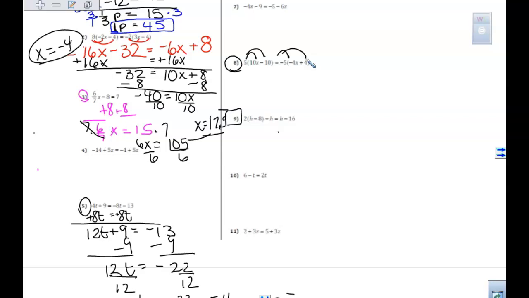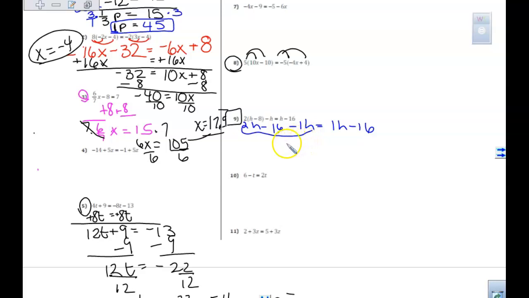So in number 9, as we start distributing, Leah, you ready to help me out? What am I going to have? Yes, and then minus. Sometimes I'll put a 1 in front of that h is equal to, again, 1h minus 16. So on this side of my equal sign, I'm adding my like terms.